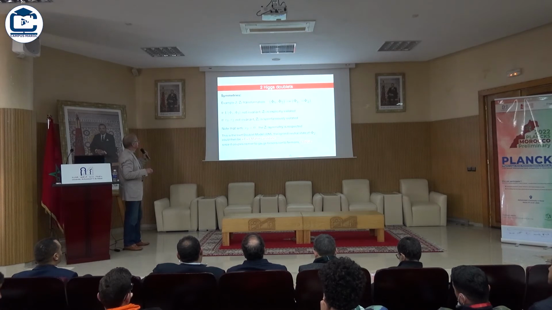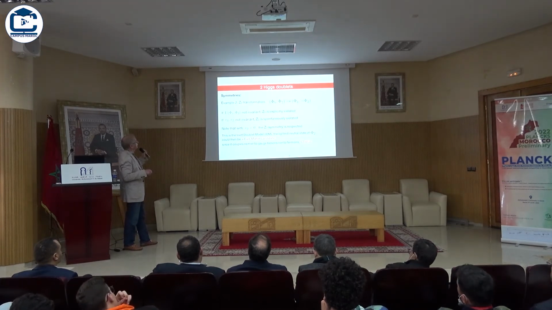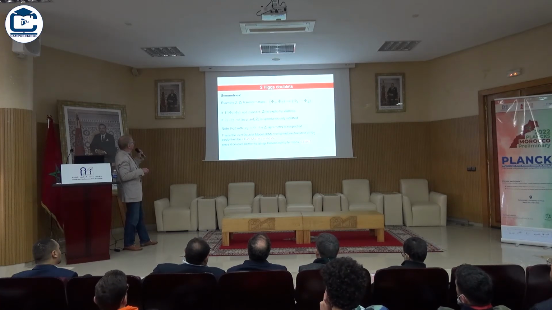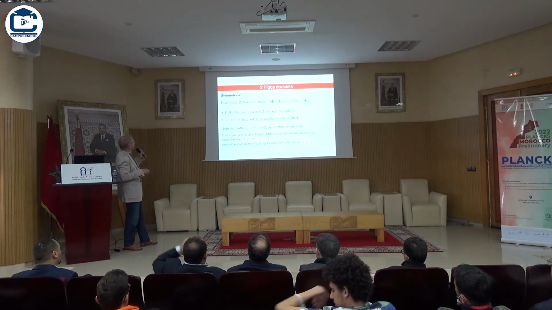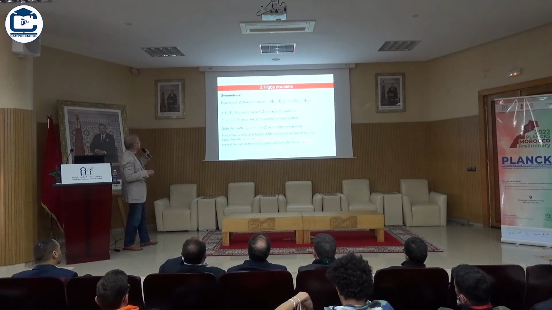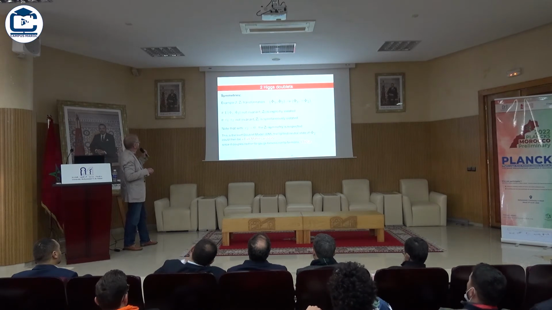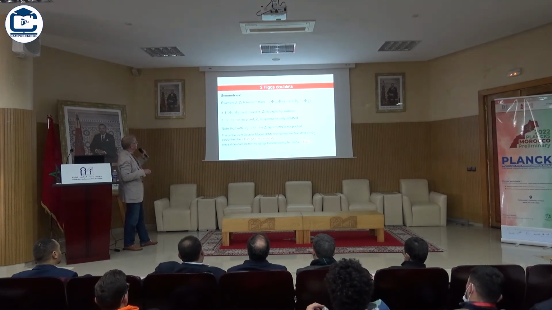Second example, Z2 transformation, then one of the fields would flip its sign. In this case, phi2 would go into minus phi2. Again, if the potential is not invariant, then Z2 is explicitly violated, but if the vacuum expectation values are not invariant, then Z2 would be spontaneously violated.